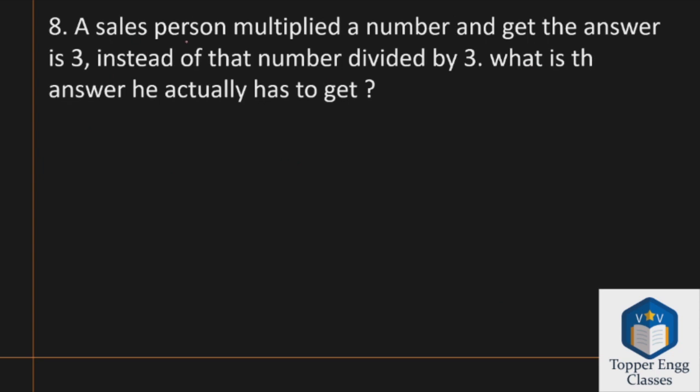Question 8. A salesperson multiplied a number by 3 and got the answer 3. Instead of that, the number should have been divided by 3. What is the answer he actually has to get?